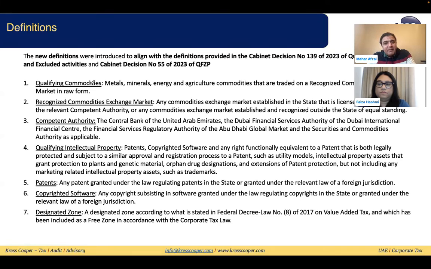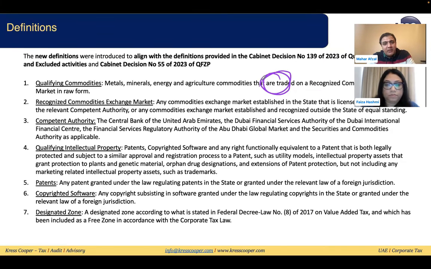Qualifying commodities: metals, minerals, energy, agriculture commodities that are being traded on the recognized stock exchange. This stock exchange can be in the UAE, it can be out of the UAE, but the important thing is these commodities are being traded on the recognized stock exchange. If the qualifying free zone person is buying and selling these commodities on the recognized stock exchange, then it will be considered qualifying income.